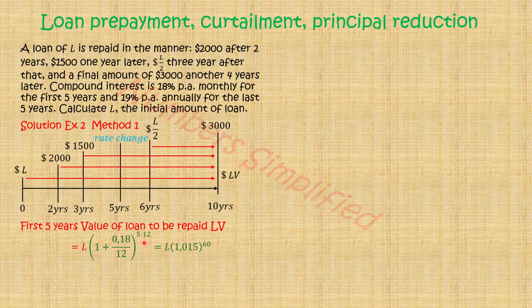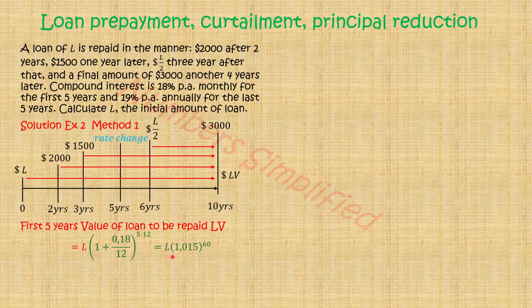Then we know that in the rest of 5 years, we are going to have 5 times 12 periods. That is to say, in each year we have 12 periods. Then in 5 years, that will be times 5. So now, as before, I would encourage you to make sure that you simplify what's inside the pair of brackets or parentheses. Try to keep it as exact as possible so that you are able to get the exact value, or a value that is close to the expected answer that you would have finally.